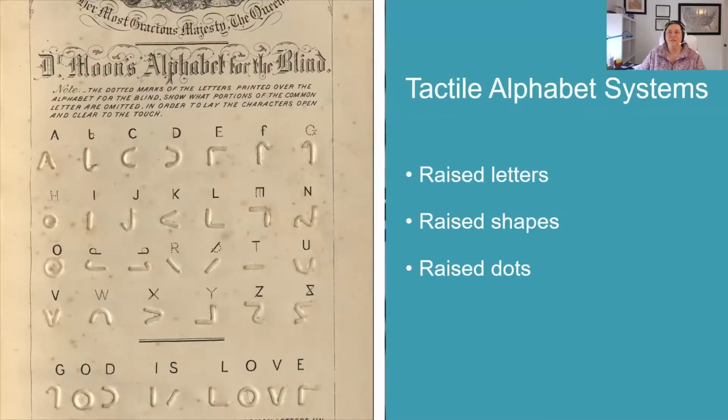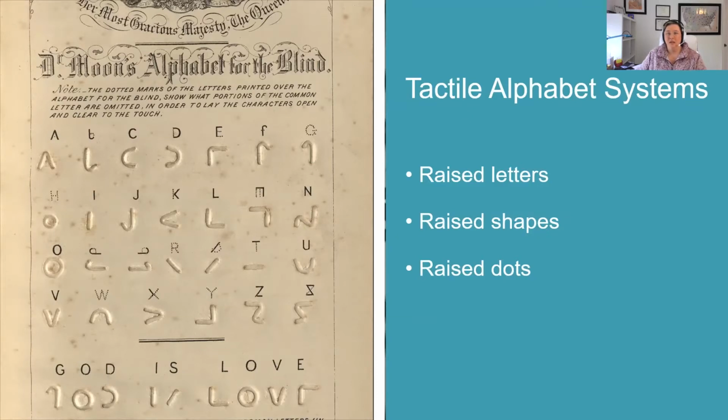We have to get a little bit going in understanding why the slate and stylus has importance. Prior to Braille's breakthrough, there were many attempts to create a tactile alphabet, and many of these were based on print. They were some variation of the Roman letters we use today. There were few people being educated who were blind in that first half of the 19th century, and those that were reading all sorts of raised shapes and raised letters.